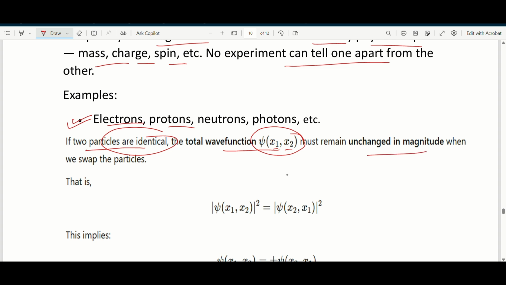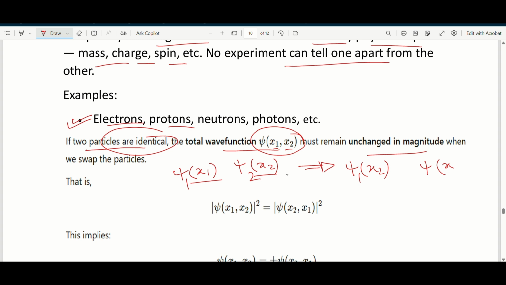That means if the first particle is psi of x1 and the second particle is psi of x2, then if we exchange their positions, the second particle goes in the place of the first, that is psi of x2, and the first goes in the place of the second.